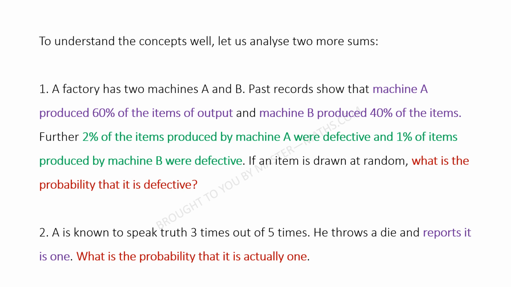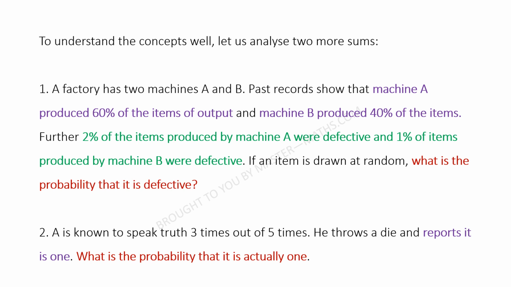Now, you report that it is 1, whether you get it actually or not, you are reporting it is 1, that is your A event. Okay. So, now E1, E2, A are clear. Now, what is P of A given E1? Probability that you report it is 1 given that it is actually 1. That means it is speaking the truth. So, indirectly they have given that part.